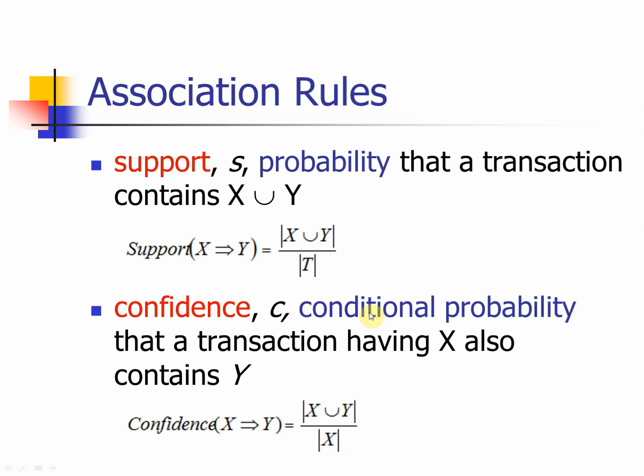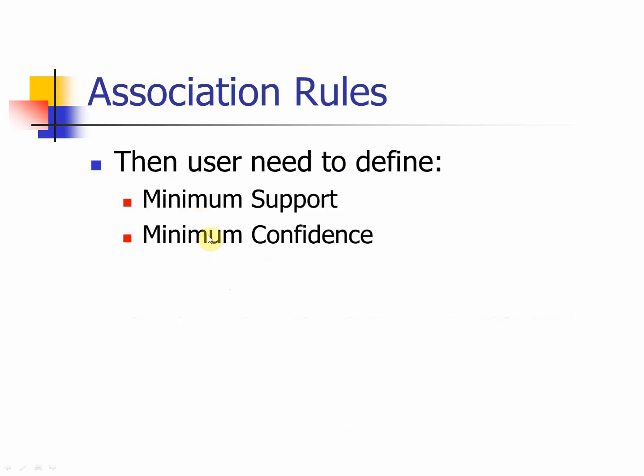These two things are a little bit complicated. So basically, I want to separate these two things into 2 parts. First of all, we want to focus on the support. After you understand the idea of the support and confidence, we will need to set up a user-defined value, what we call a minimum support as well as the minimum confidence.